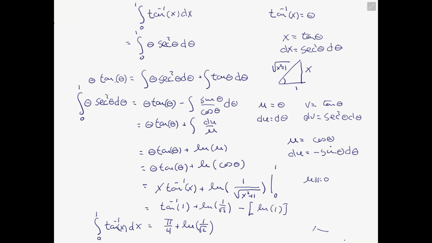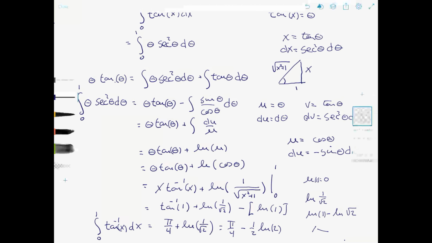We could say that ln of 1 on square root of 2 is ln 1 minus ln square root of 2, and then we can have pi over 4 plus minus 1/2 ln 2, and that would be another representation of the same thing.